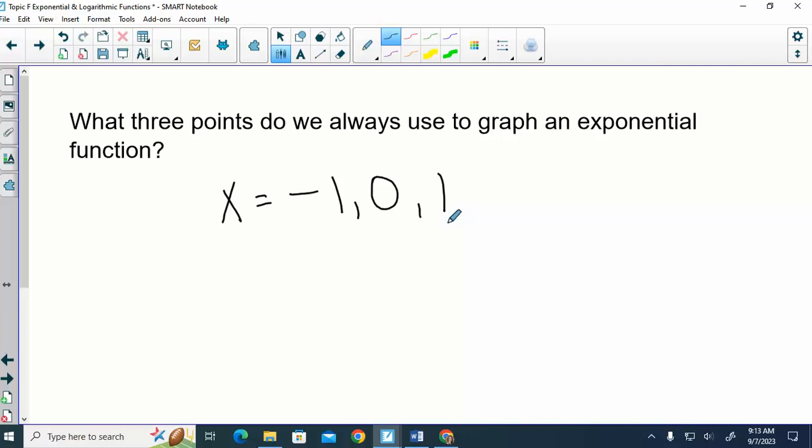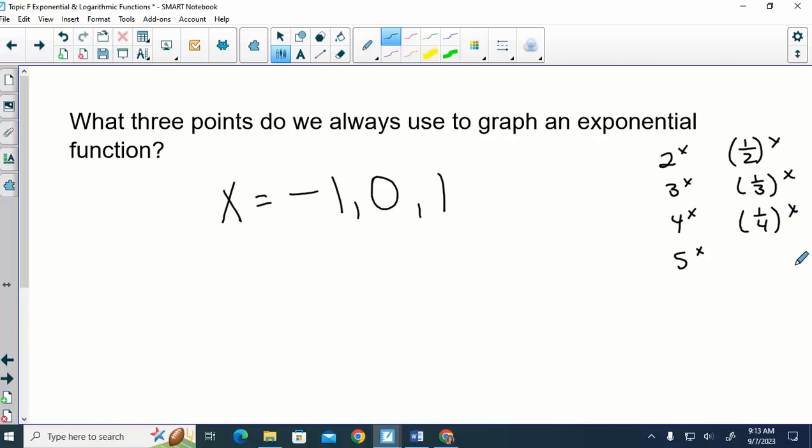We'll do the parent function and transformations just like we've done before. The parent function is just your exponential. So like 2 to the x, 3 to the x, 4 to the x. An exponential function is when the variable is the exponent. So you have a number to the x power. That is an exponential function.